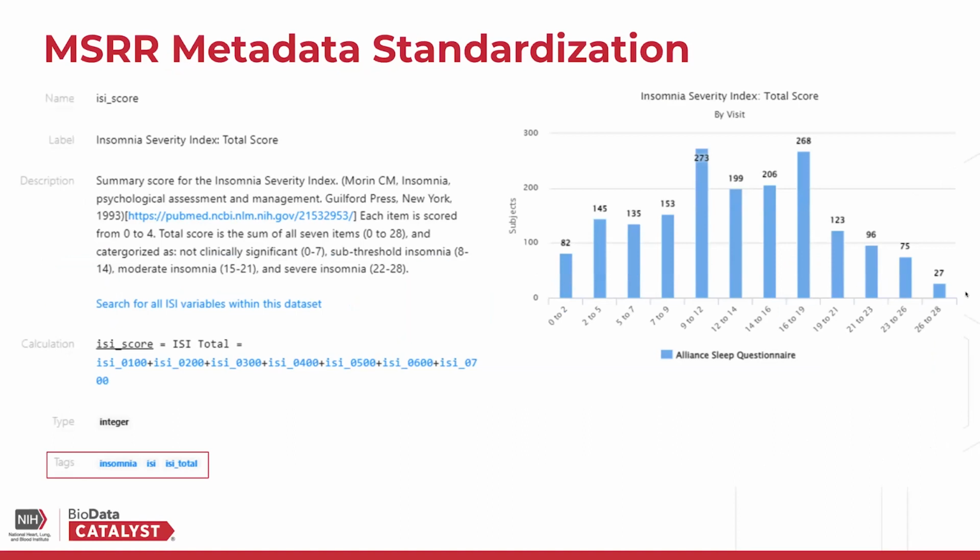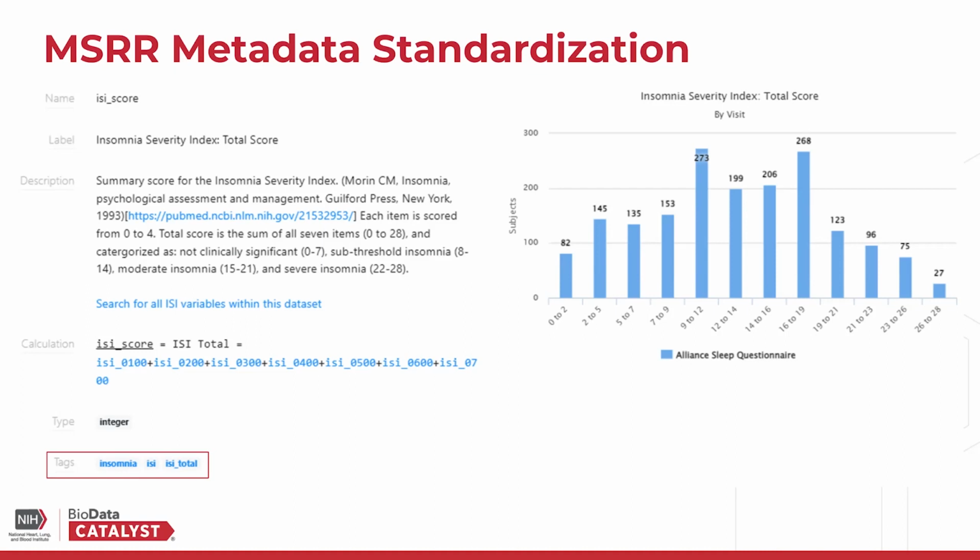And as I said earlier, we do try to get the user very ready access to all the provenance of or the metadata related to each of the variables. And here is an example of an insomnia severity index, which is a standardized questionnaire. And you can see on the left side, you have the name of this particular variable, its label. There's a description of what it means, references.